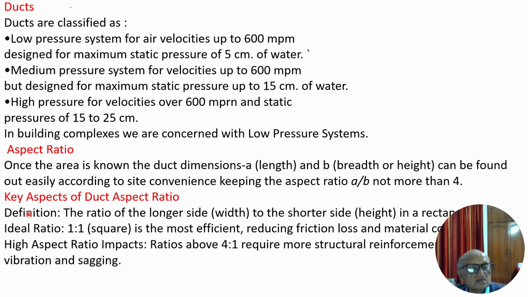The definition is the ratio of larger side, that is width, to shorter side, height, in a rectangular duct. Ideal ratio is 1 to 1; square is the most efficient, reducing friction loss and material loss. High aspect ratios above 4 to 1 require more structural reinforcement for avoiding vibration and sagging.